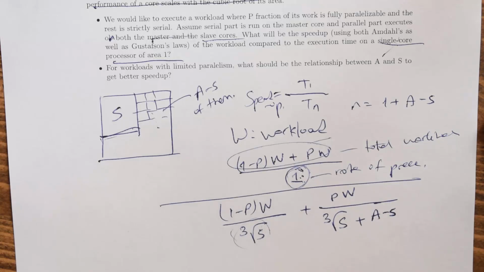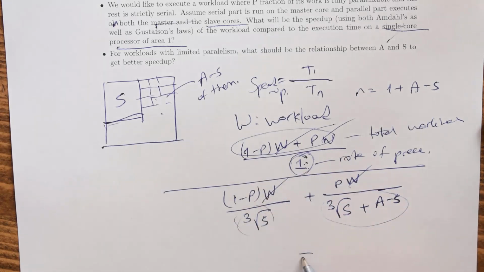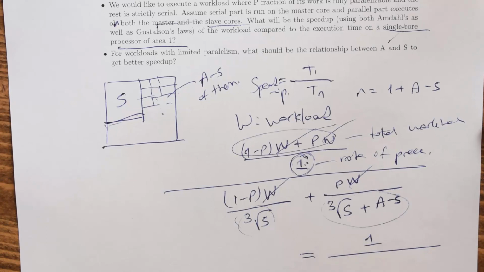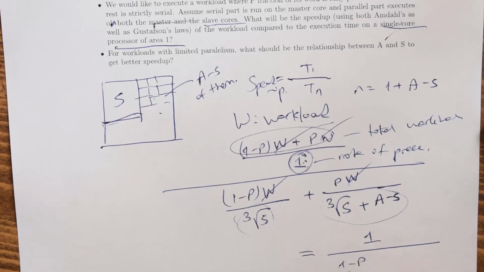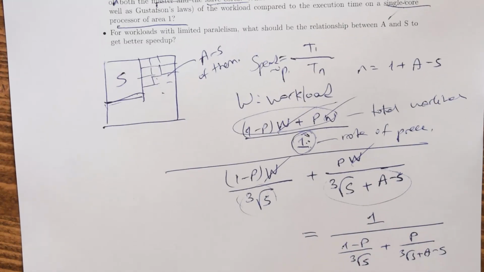So that is the total number of cores in terms of unit squares, and that's what the parallel portion will be executed on. Finally, all these W's go away. On top we have just 1, divided by (1 minus P) over the cube root of S, plus P over (cube root of S plus A minus S). This is Amdahl's law.